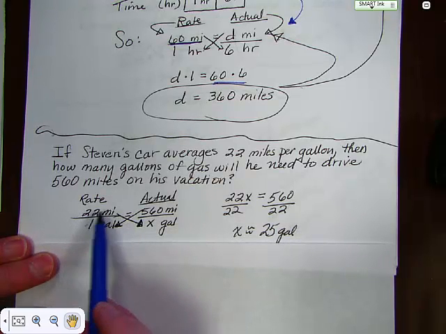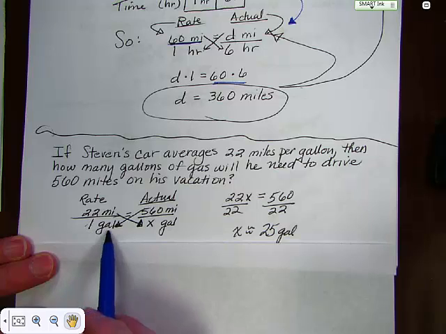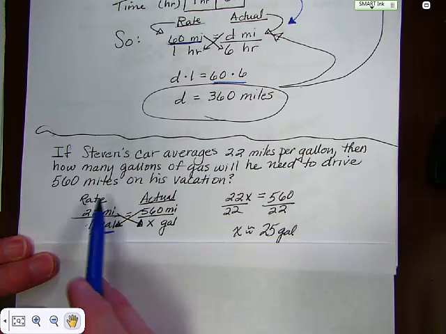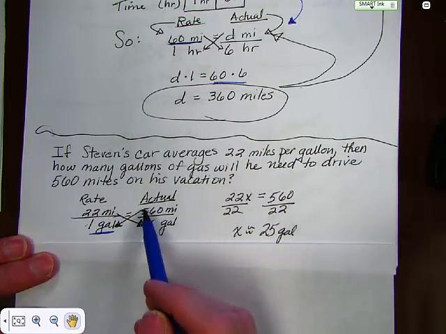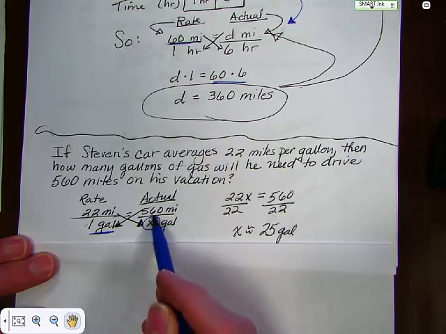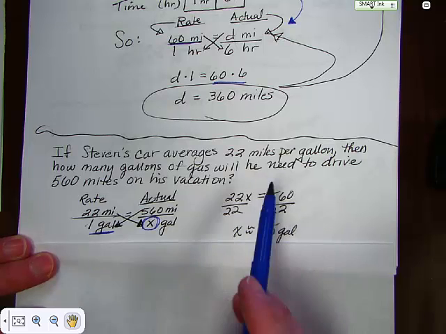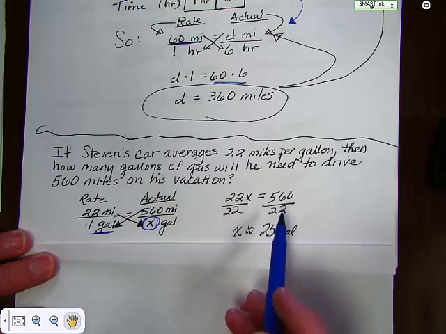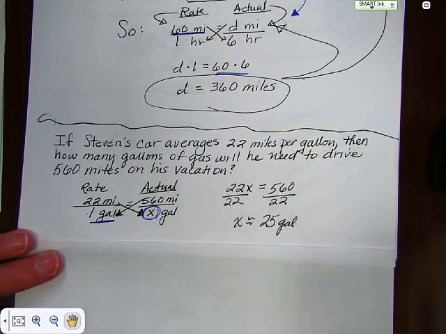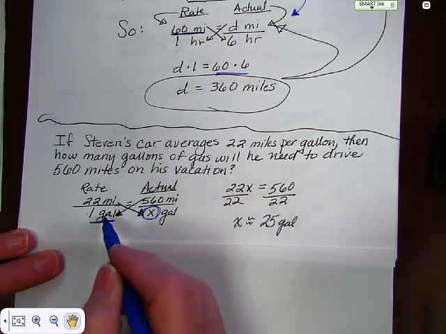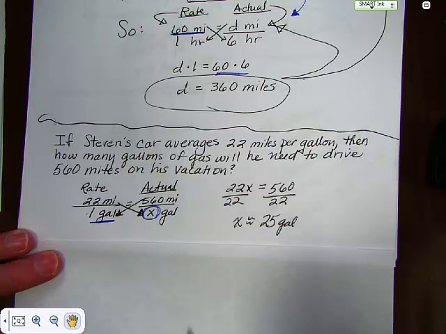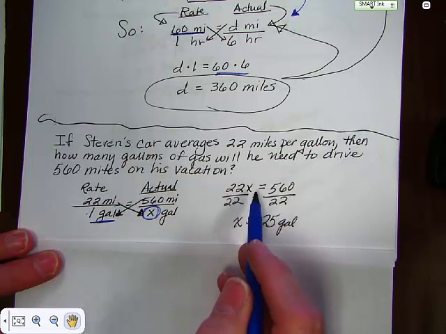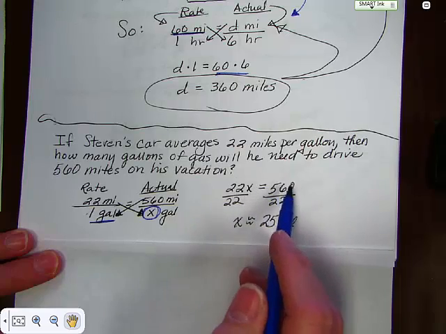So we have 22 miles per 1 gallon, 560 miles per x gallons. X is what we don't know. Cross multiply: 22 times x equals 1 times 560. So you end up with 22x equals 560.